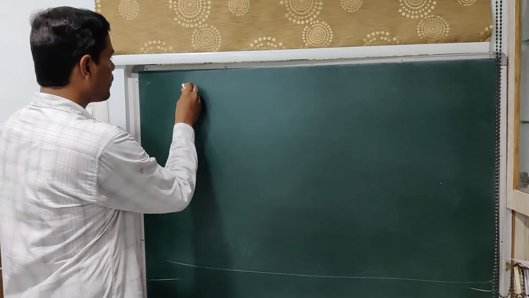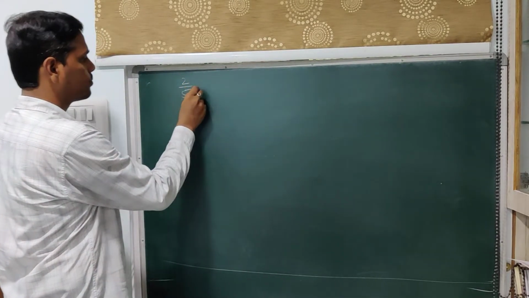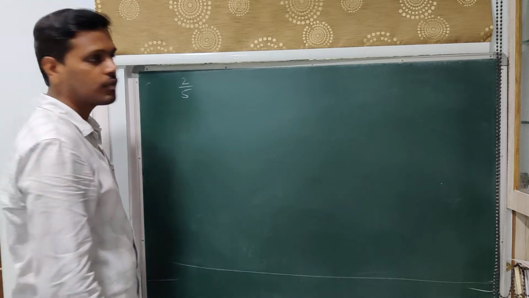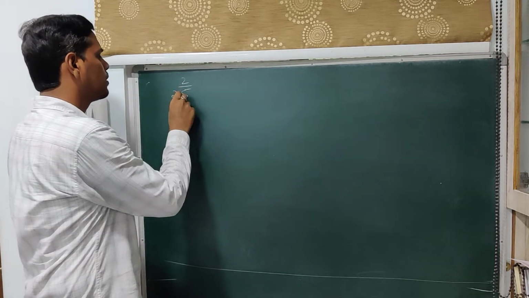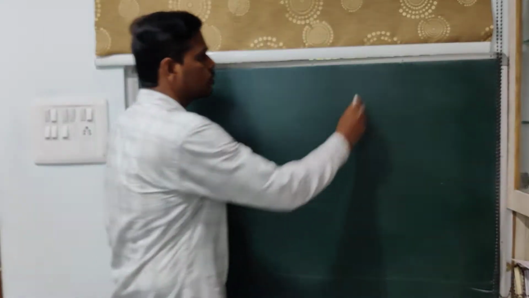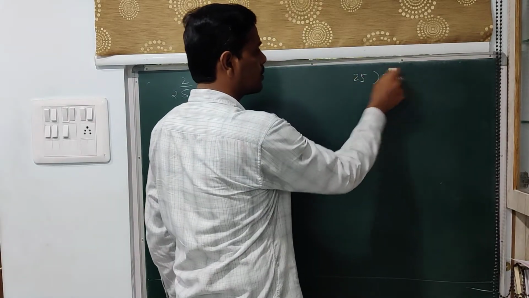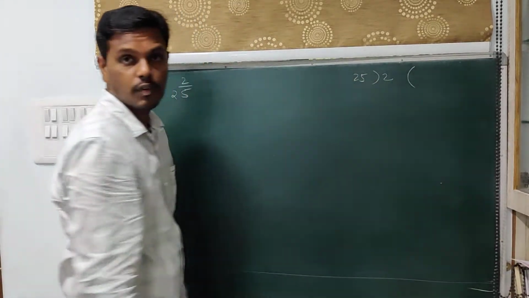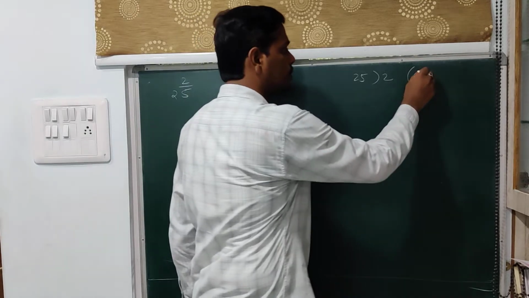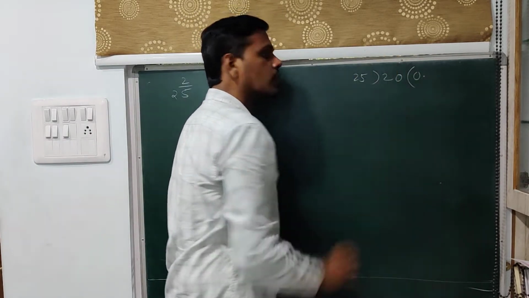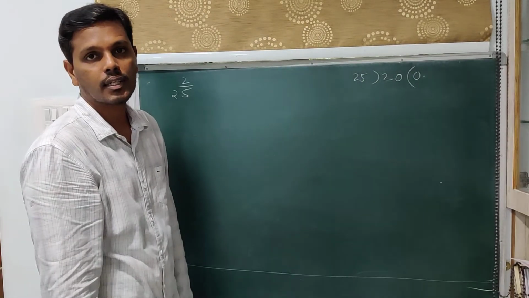Suppose you have 2 by 5. So what is the decimal expansion for 2 by 5? Also 2 by 25 rather. So 2 by 25, how do you divide it? 2 is less than 25, so you put a point. If you put a point, you can take 0.